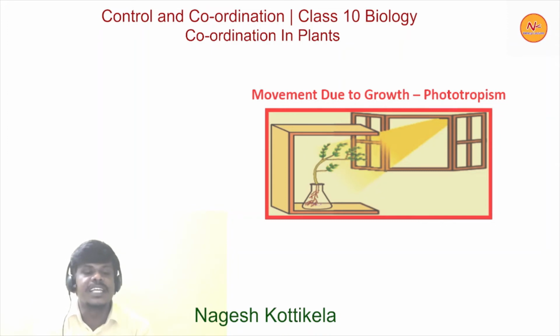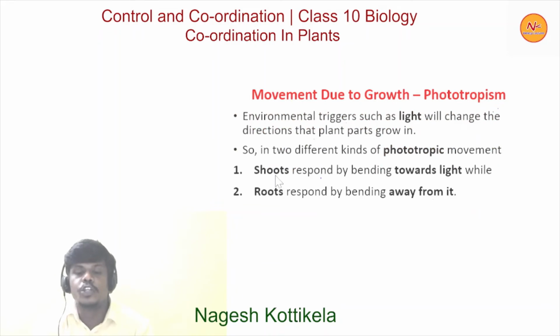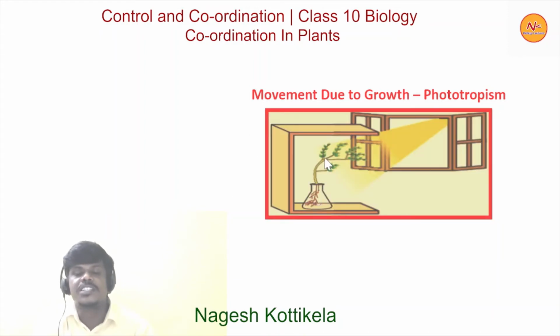This is what we call phototropism. Shoots respond by bending towards light, which is positive phototropism, and roots respond by bending away from light, which is negative phototropism.